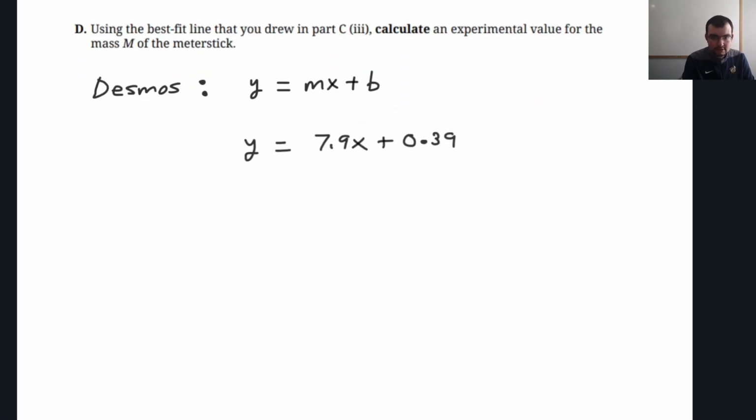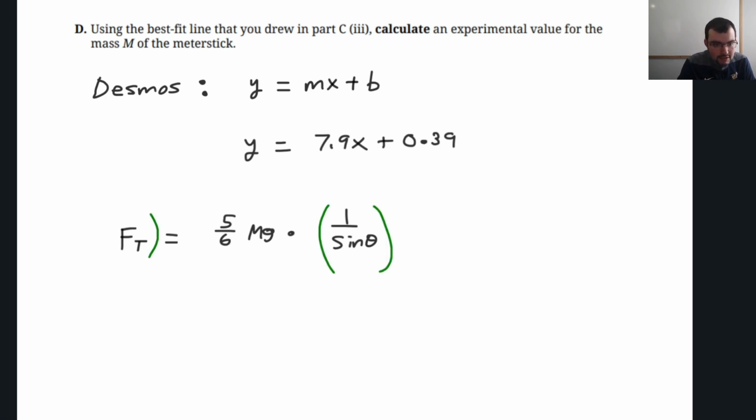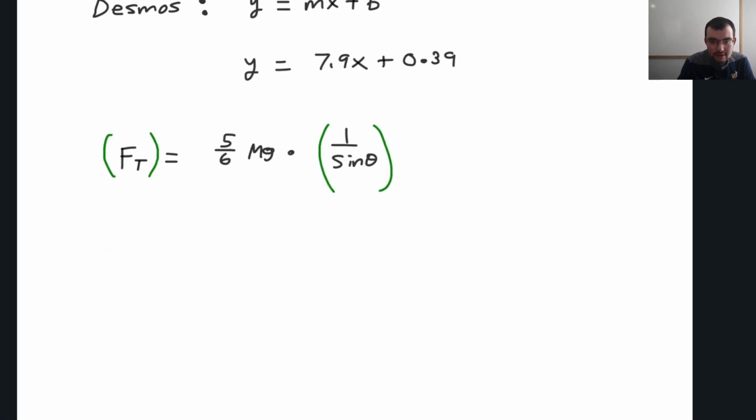And then for our relationship between the best fit line and the quantity of interest, we were given that F_T was equal to 5/6 mg multiplied by the quantity 1 over sine theta. So if we look at the things that we graphed, F_T versus 1 over sine theta, we see that the slope is just going to be what's in front.